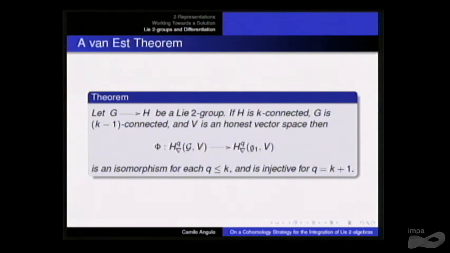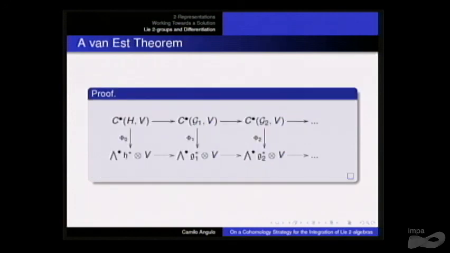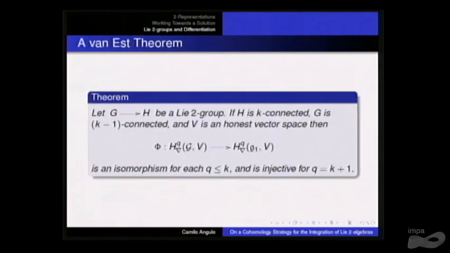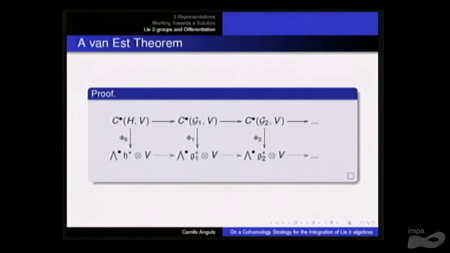Now, the fact is that when the representation that I'm taking is on an honest vector space, so not a 2-vector space, but an honest vector space, then there is this Van Est map. I can tell you how the proof goes, because if you look at this map, when there's no W, when there is just W0, which is V, then each of these maps is going to be the usual Van Est map.